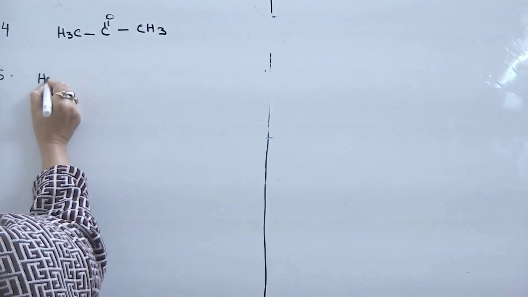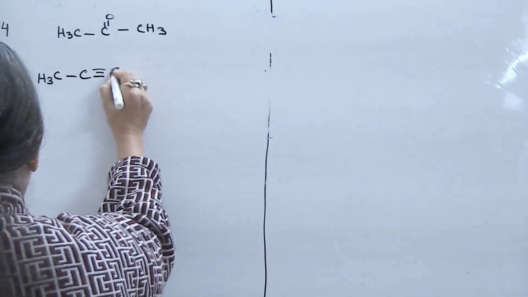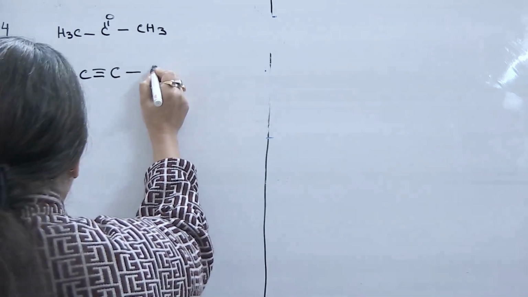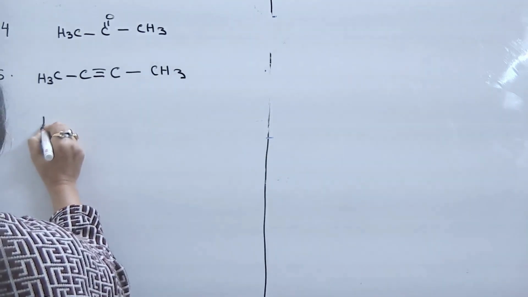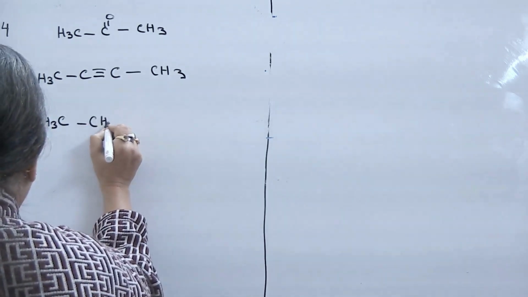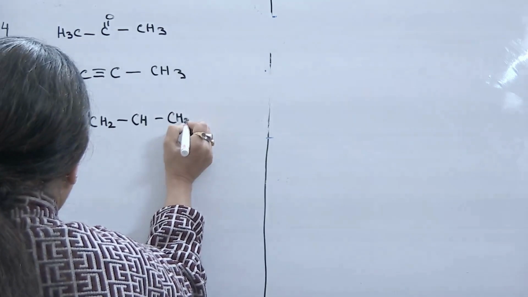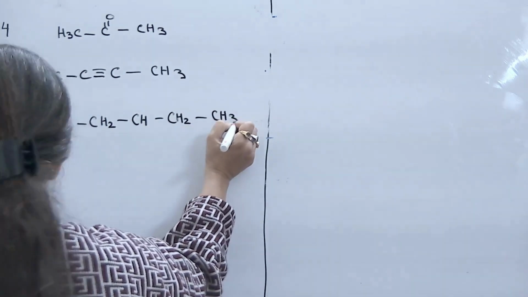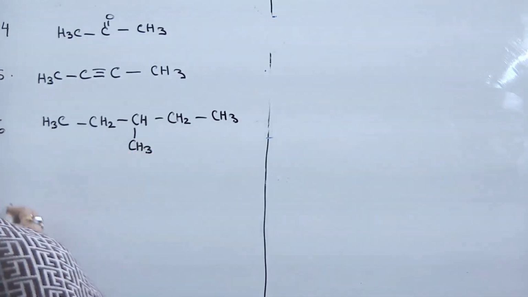Again, another example, CH3-C triple bond C-CH3. Sixth, CH3-CH2-CH-CH2, again CH3, and here CH3.